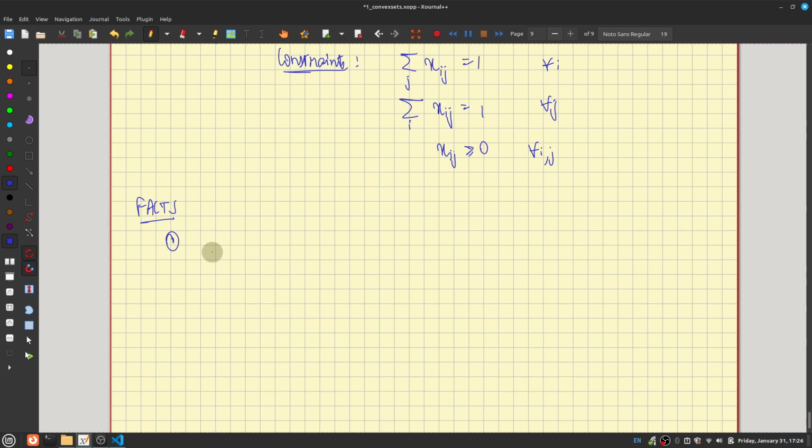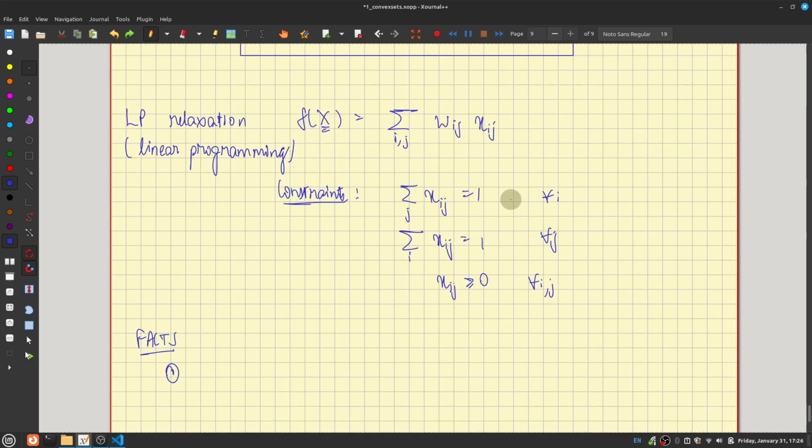The first fact: first let's think about the constraint set. What is the geometry of this particular constraint set, in this case and in general for any linear program? Convex, but it's related to the topics that we saw earlier in this class itself.